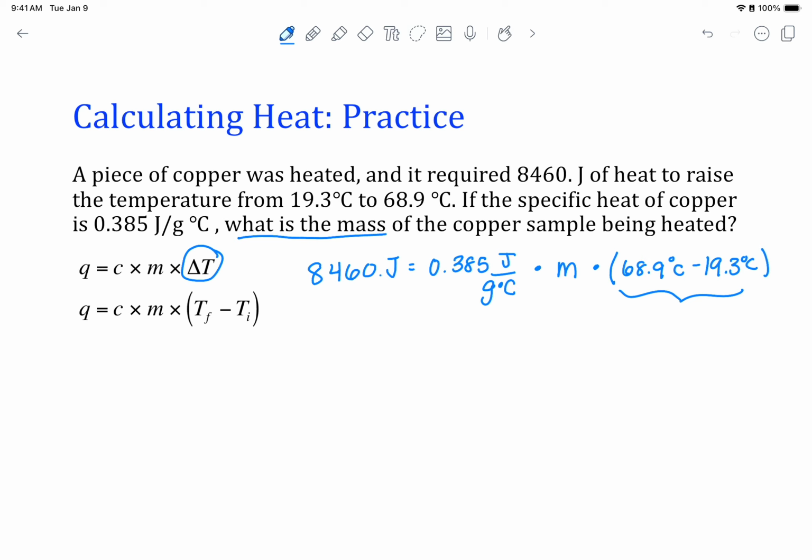And that gives us a difference of 49.6 degrees Celsius.